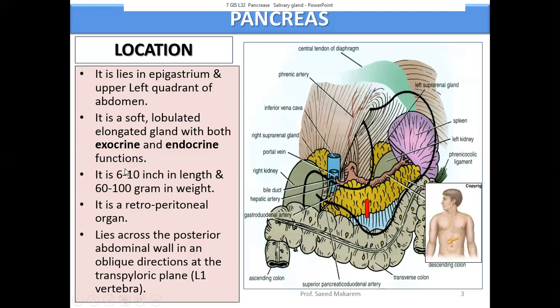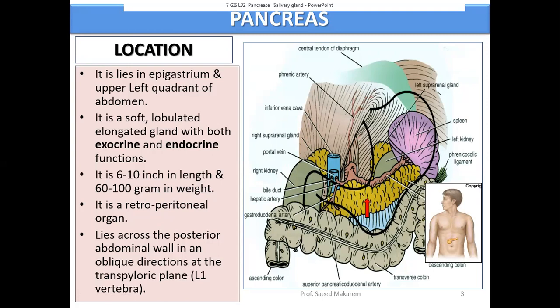It is almost 6 to 10 inches in length, and the weight is 60 to 100 grams. And it is present behind the peritoneum, so it is a retroperitoneal organ.